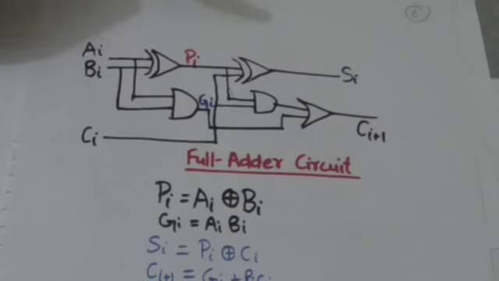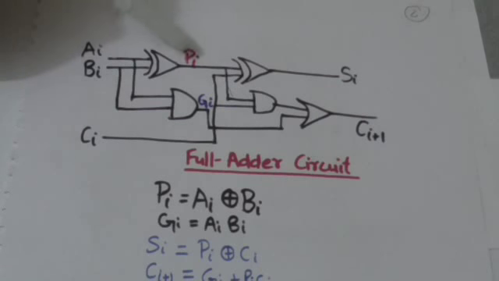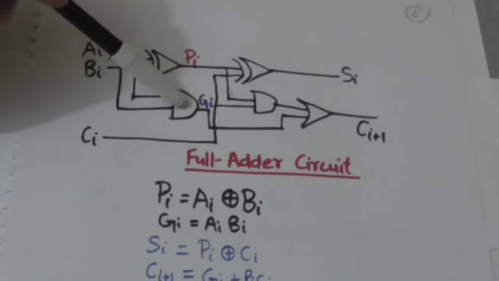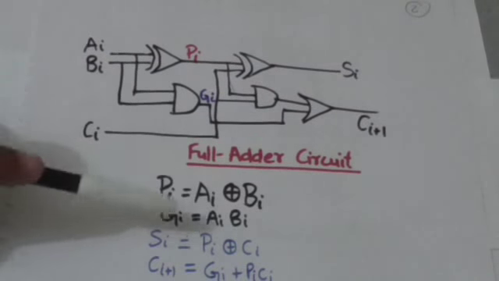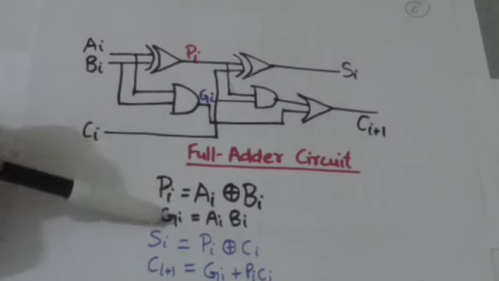Now let Pi be the output of this exclusive OR gate and Gi be the output of this AND gate. So the functions for Pi and Gi are written here.